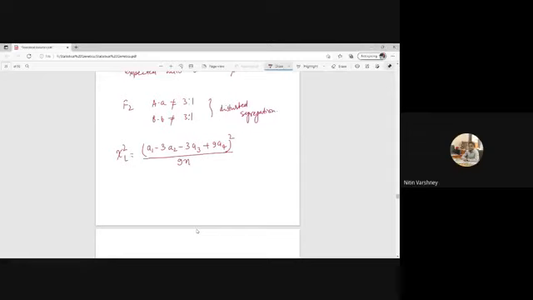Generally, whenever we want to find this chi-square linkage, we will use this formula, and the ratio was 3:1.